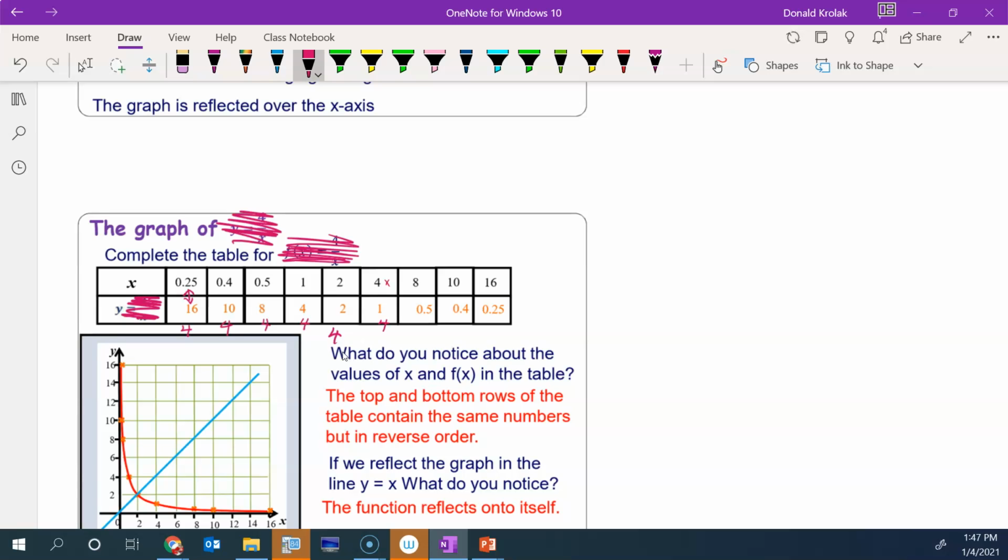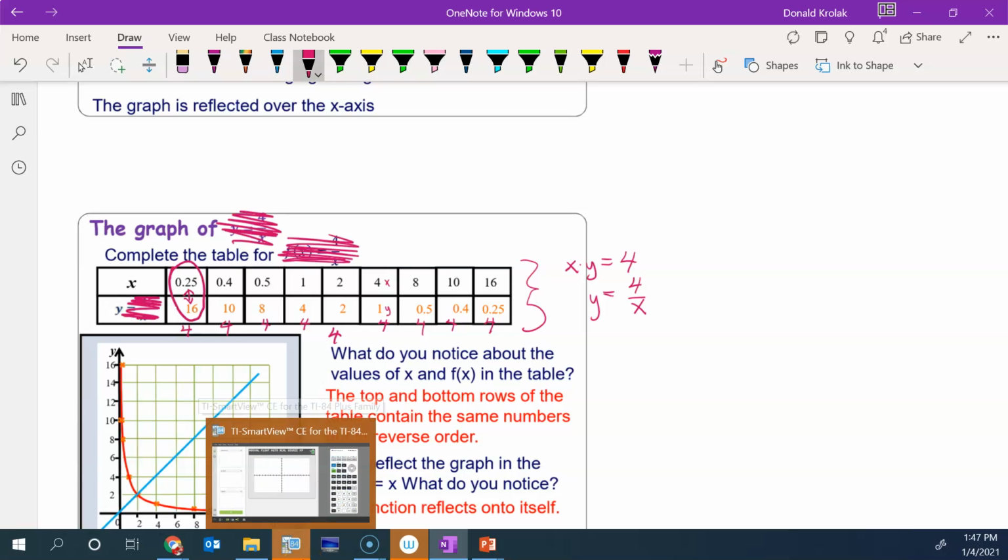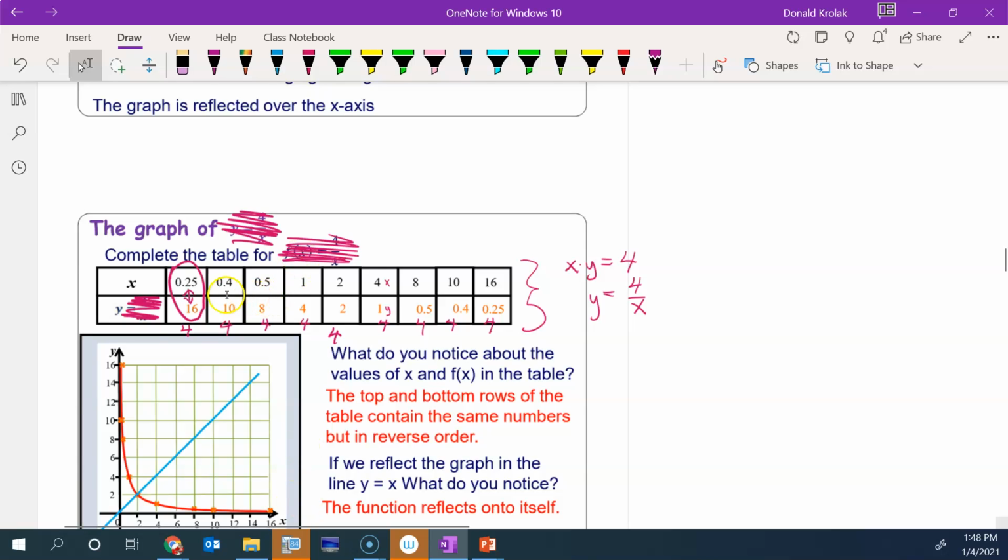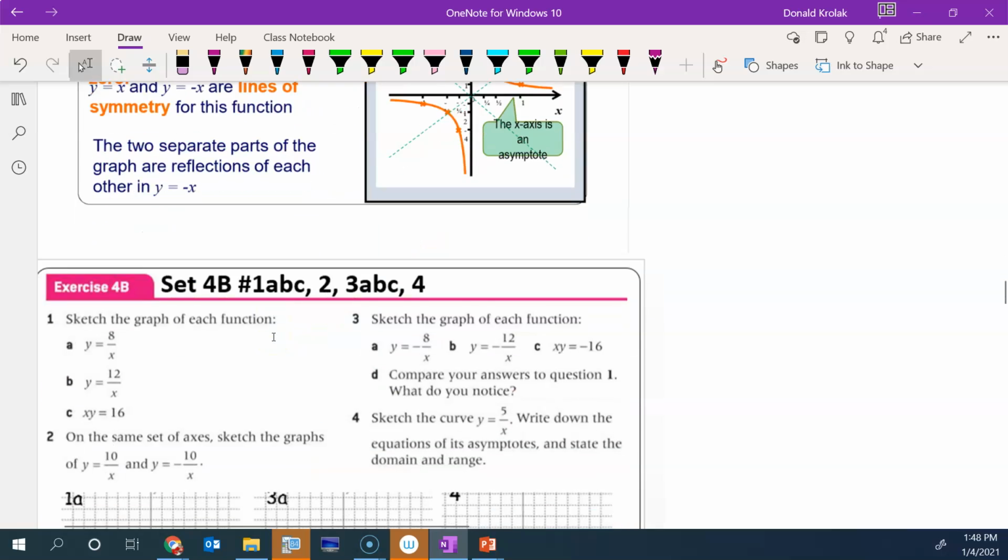Anytime I take the x and the y coordinate and multiply them, I always get 4. That's how you know this is a reciprocal function, because x times y is 4, so y is the same as 4 over x. That's how you know you have a reciprocal function in your table, by looking at the x and the y coordinates. When you multiply them and they're always the same, then you've got yourself a reciprocal.